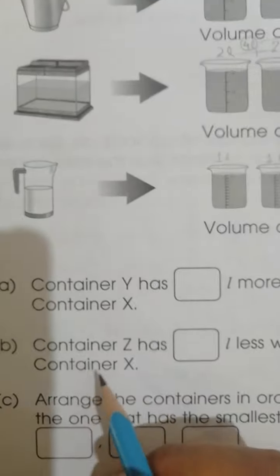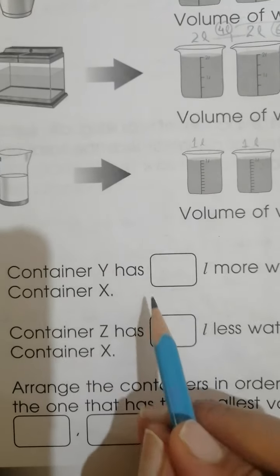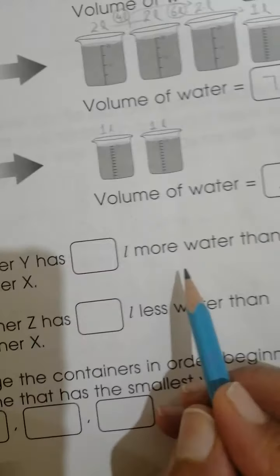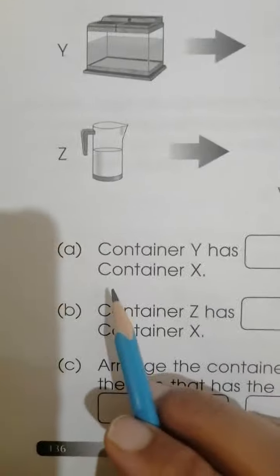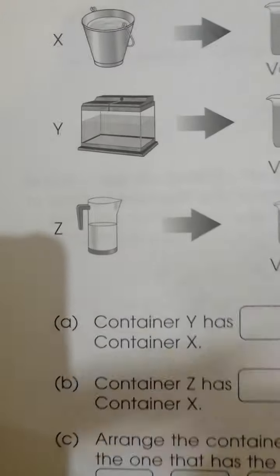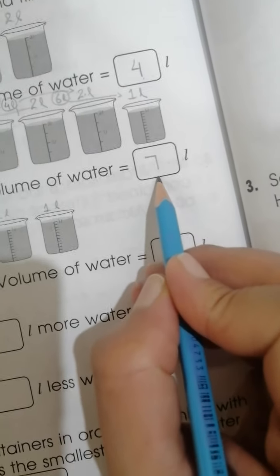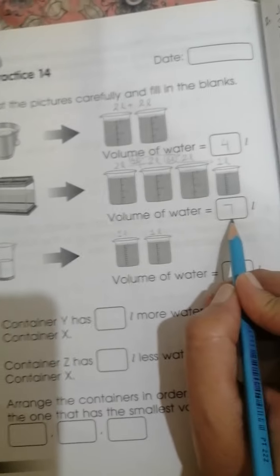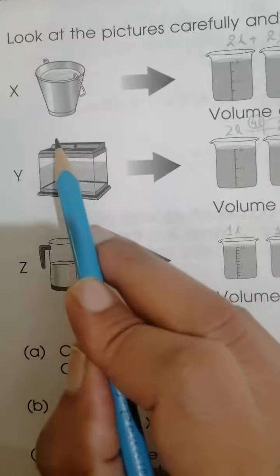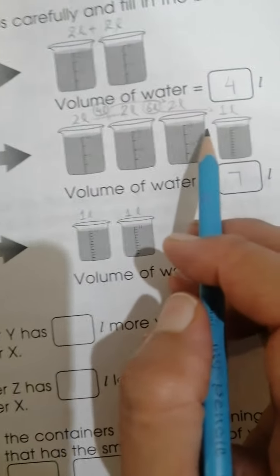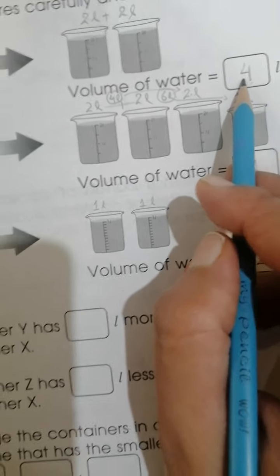Now let's read the problems, what they are asking. Container Y has dash liters more water than container X. Let's say how many liters did Y have? Y had 7 liters, right? Now if we look at X, X had 4 liters.